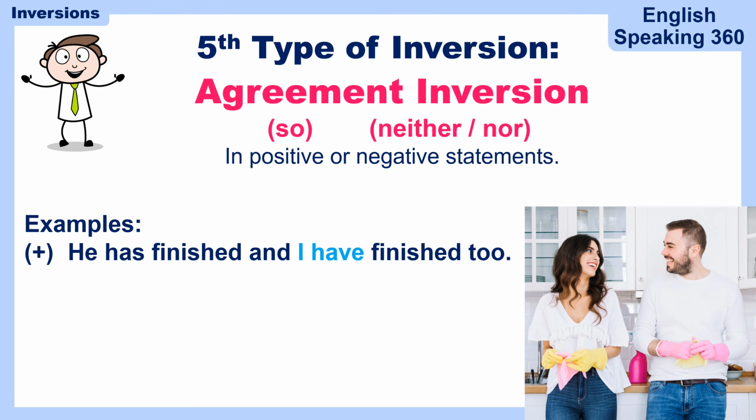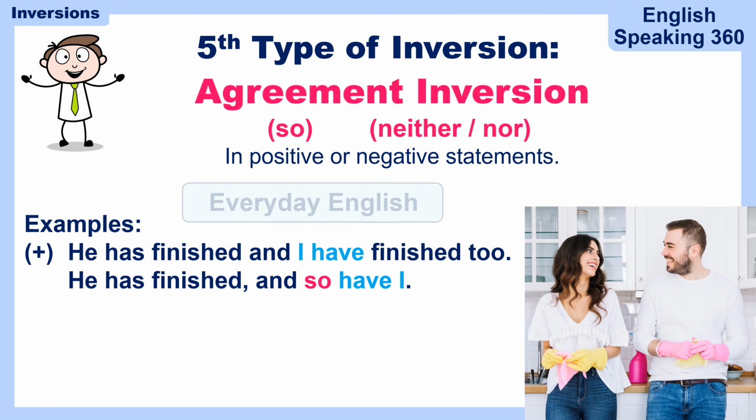The man has finished cleaning and she has finished cleaning too. Now this is the idea, but we use inversion very often when we make a sentence like this. Here's how to do it. He has finished and so have I. So have I. Not so I have. No, it doesn't work. So have I.